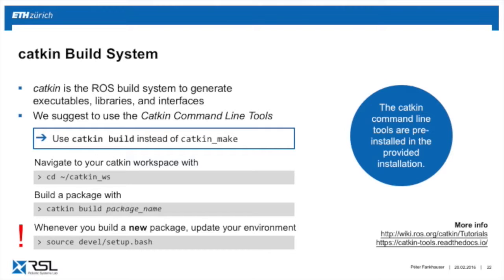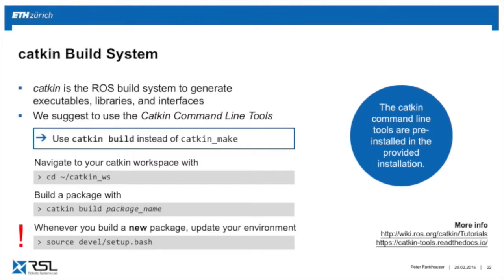Okay. So typically, when you want to build a node, you would have to go to your catkin workspace by cd and then going into your catkin workspace. And then you can build a package by catkin build and then the package name. Now here's a very important part: whenever you build a new package, your system must know about it in order for you to use it.